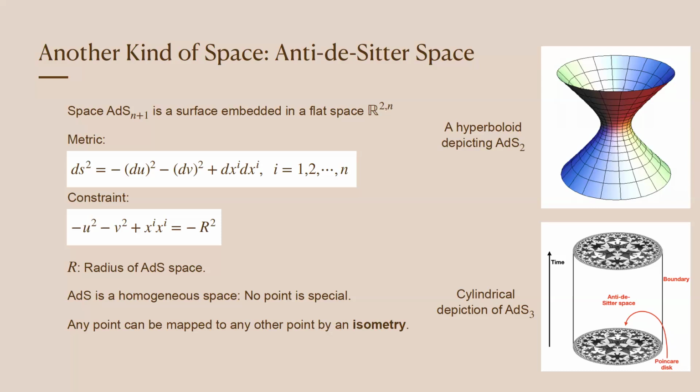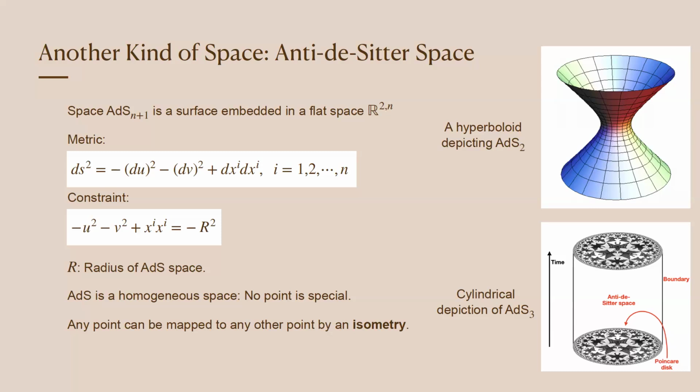It has two time-like coordinates and n space-like coordinates. And this object obeys this constraint. If we embed this space within a flat space, it has to obey this constraint, and there is a surface which obeys this constraint. And this capital R is called the radius of the AdS space.